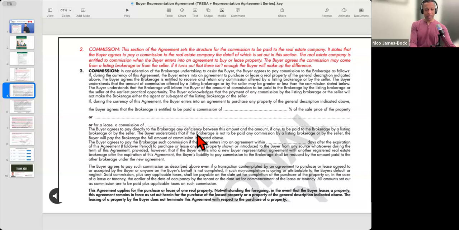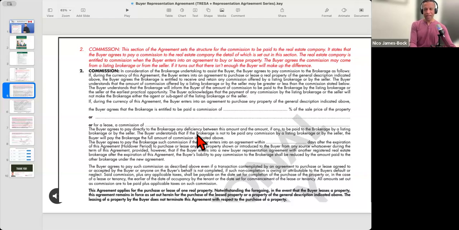So the buyer representation agreement indicates what the designated representative is entitled to receive. So that's what this section explains. It explains that the designated representative is entitled to receive remuneration for the services rendered, and gets that remuneration from the listing brokerage.